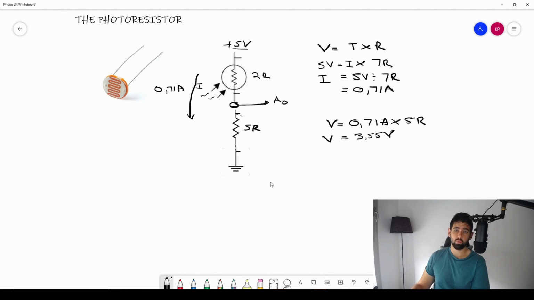So you saw when this value decreased, my current increased, so my voltage over here increased as well. That means we'll read a bigger number out to pin A0 of the Arduino Uno when the resistance of my photoresistor decreases. So when I shine light, my resistance decreases, my voltage increases across my constant resistor, and then I can sense a bigger voltage on my Arduino Uno, and then I know I've received more light in the system.